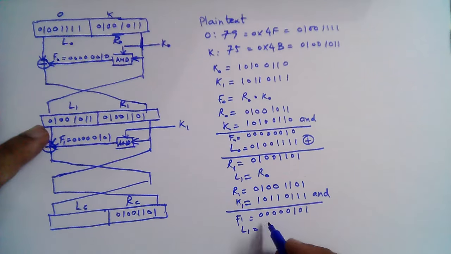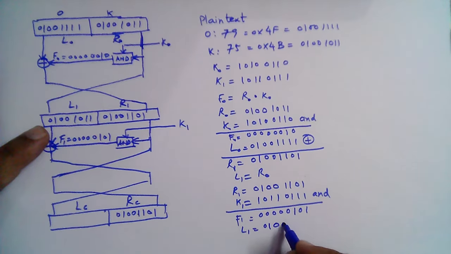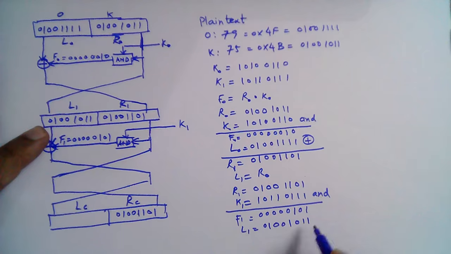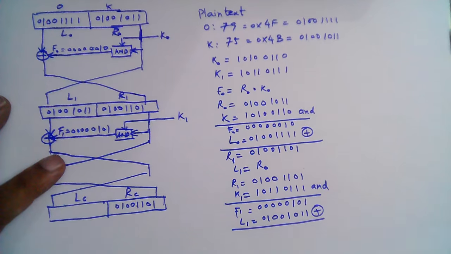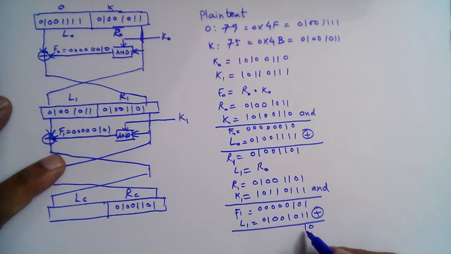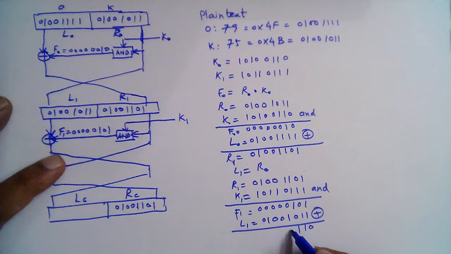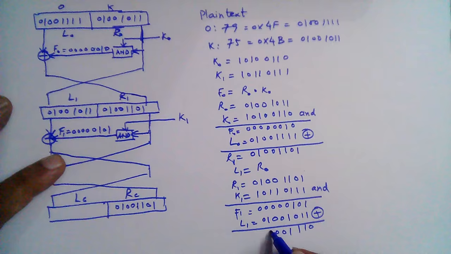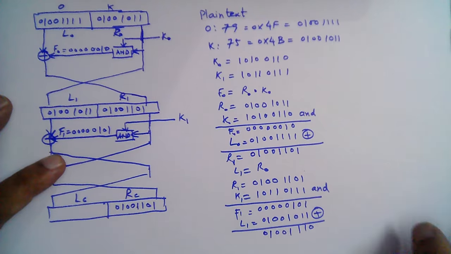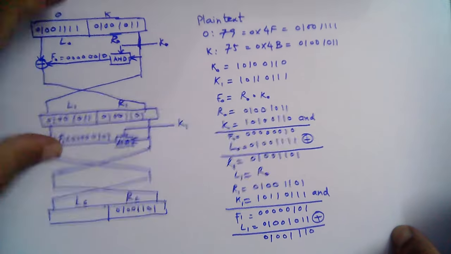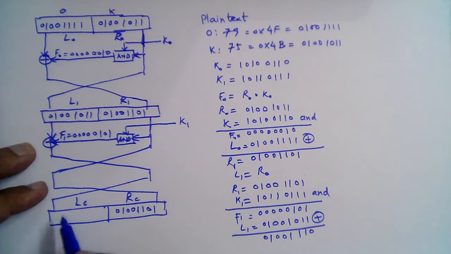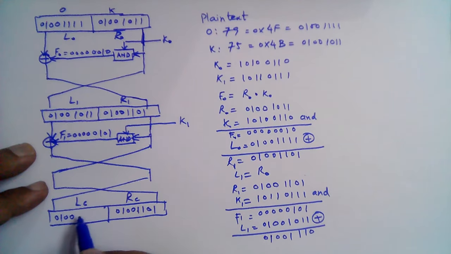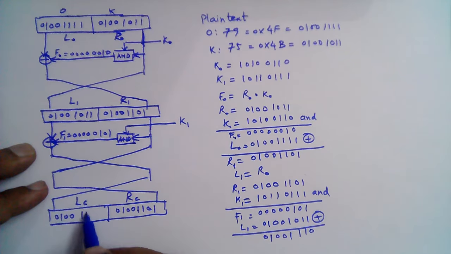L1 is 0 1 0 0 1 0 1 1, and this is the XOR operation, right? So this is 0 here, this is 1 1, and 1 here, 0 0, and 1 0, right? So this comes out to be this part, and this ends up here. So this is 0 1 0 0 1 1 1 0.